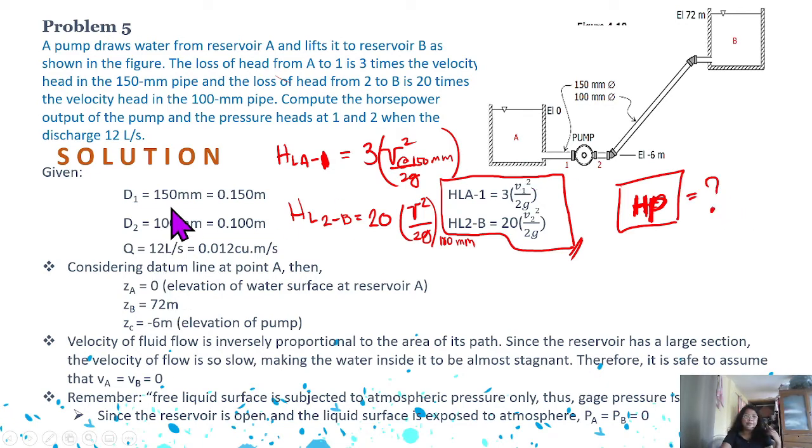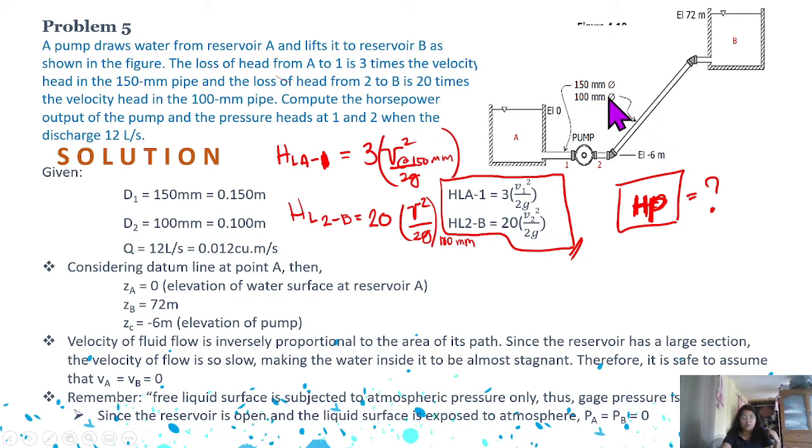And then, given man nga natin dito is dalawang diameter. So, D1, 150 mm. Itong 150, mas malaking pipe ay matatagpuan kay reservoir A. Ayan, nakaturo naman din, no? Malinaw. So, 150 mm si point 1 or yung malapit kay reservoir A. And then, pag angat niya dito kay reservoir B, ang kanyang diameter na lang is 100 mm.